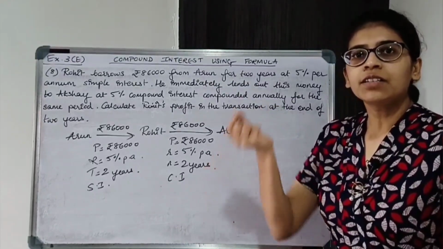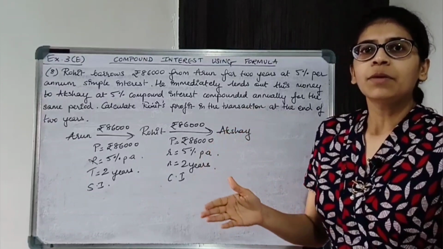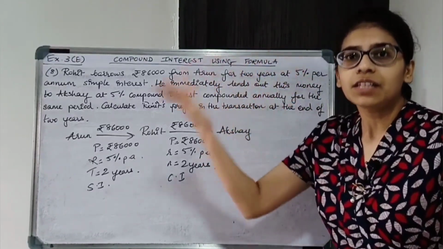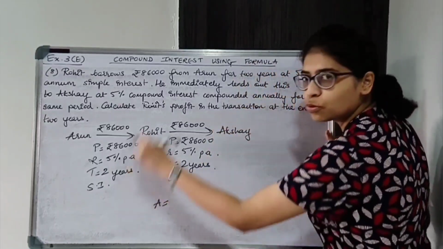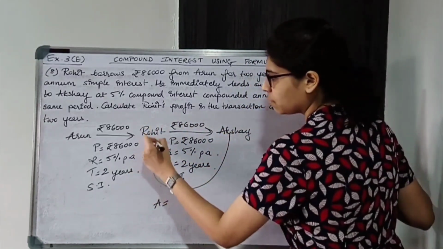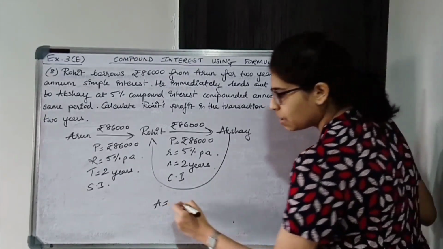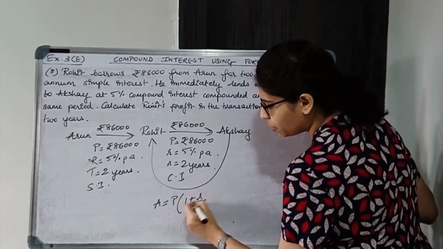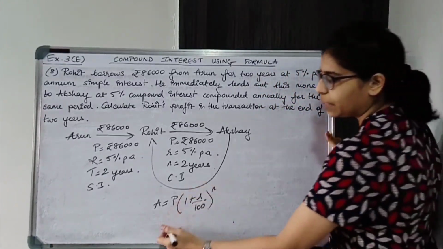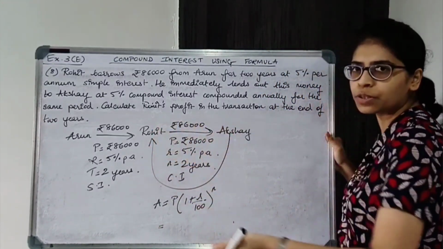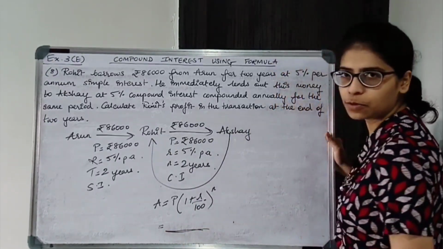Amount is nothing but principal plus the interest. So this amount is P into (1 plus R upon 100) raised to N. We know P, R and N, so we can easily find the amount that Akshay has to return to Rohit after 2 years.